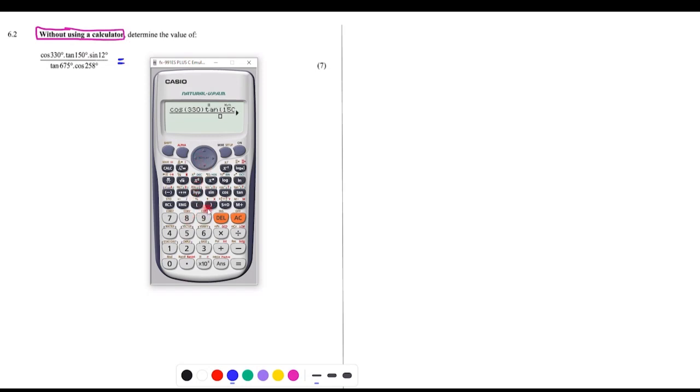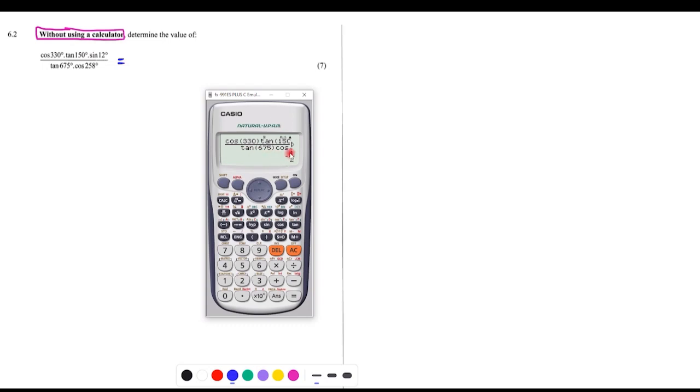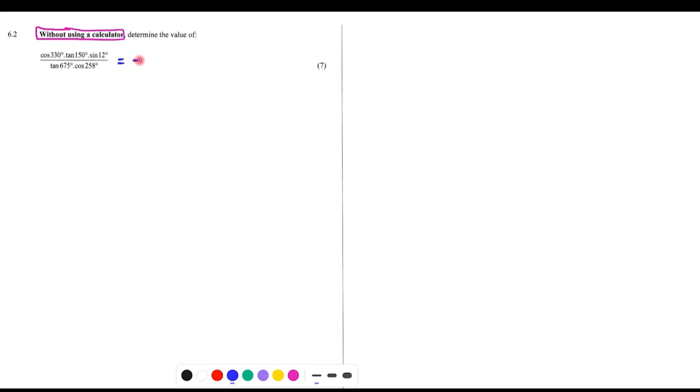Tan 675 and cos 258. So what do I mean when I say I want to make it easy for myself? I know that the final answer that I need to have at the end should be minus 1 over 2, right? Minus 1 over 2. Then from there I apply my work.